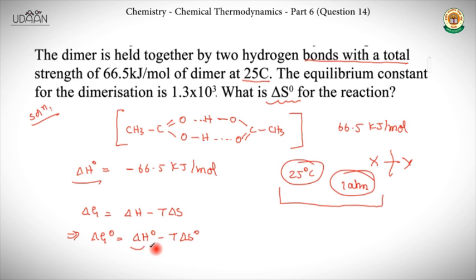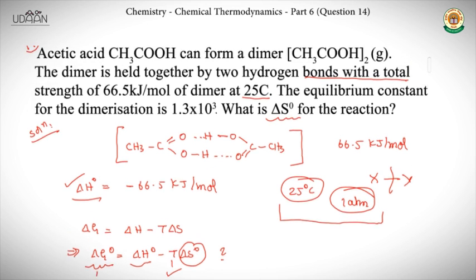We know delta H naught, they gave it. We need to find this one. We know temperature, but we need to know delta G naught. So how can we get delta G naught?